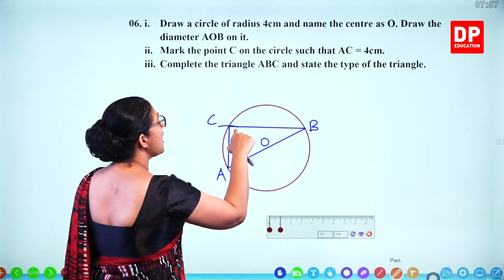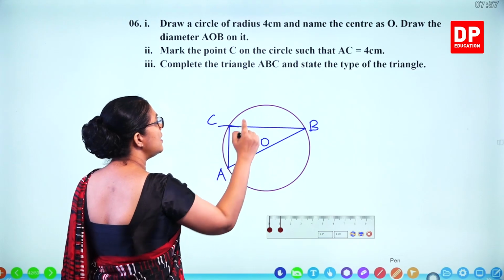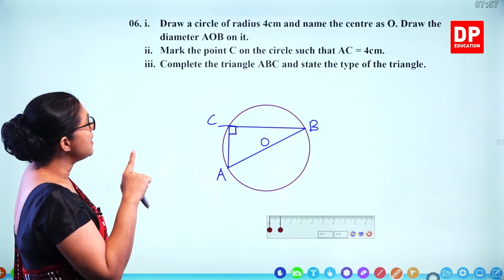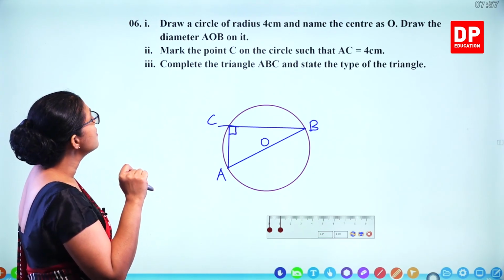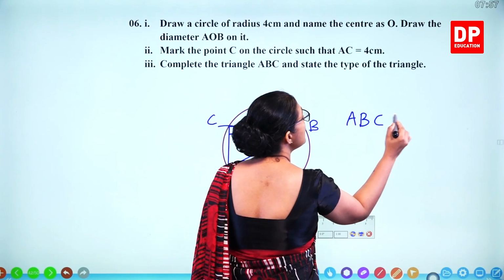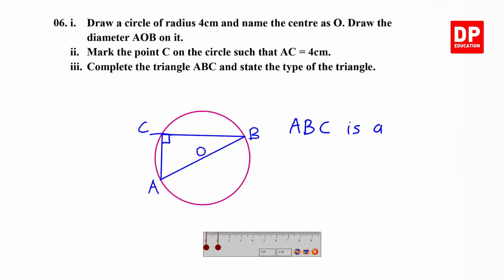Any angle in the semicircle on the diameter gives you a 90-degree angle. So ABC is a right angled triangle.